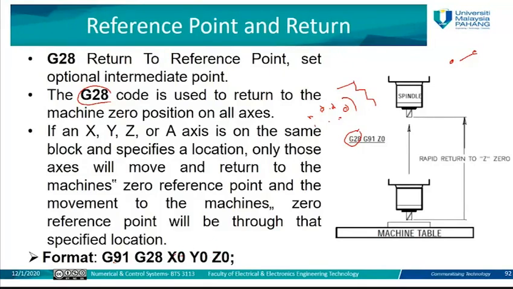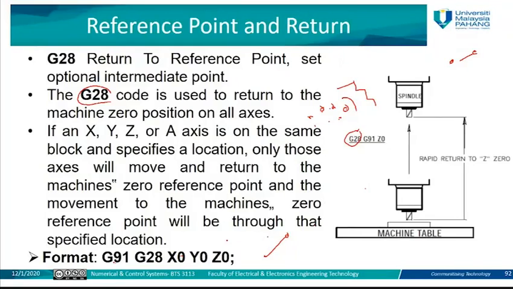But if you don't want it to go directly, you want it to go to an intermediate point first and then to the reference point, that depends on the shape of the workpiece, on whether it is safe to send the spindle from the current position to the reference point without affecting the workpiece. Then you can send it directly.